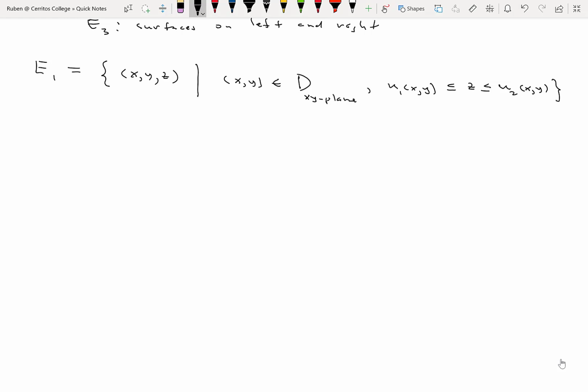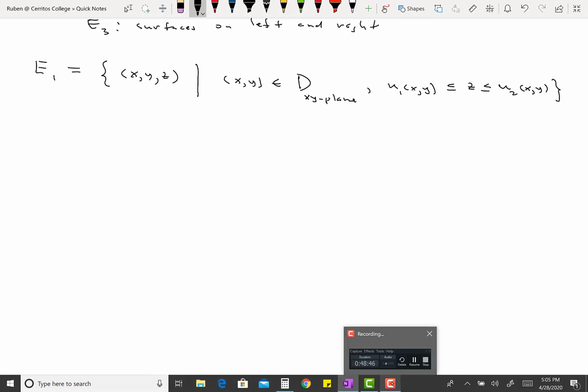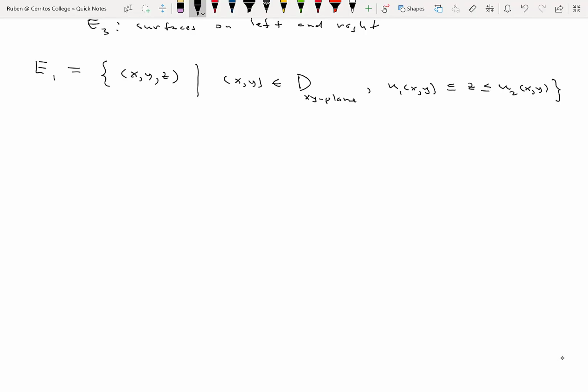Okay, so what does that look like in 3-space? Let's draw this. I'm going to draw a typical type 1 region in 3-space. In fact, maybe I'll put the axes in last.